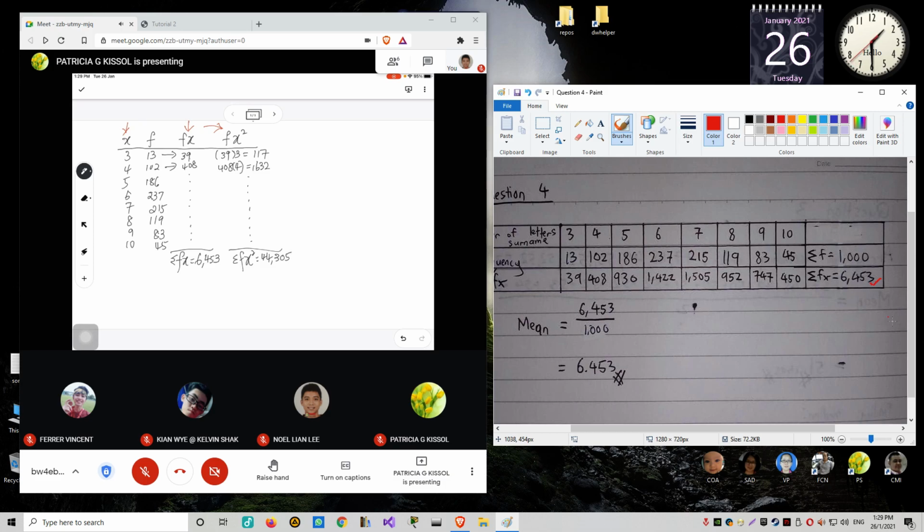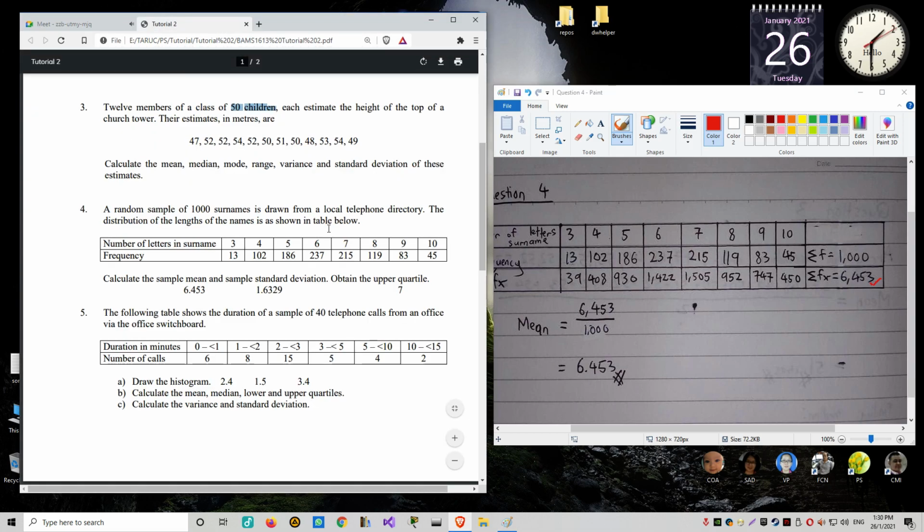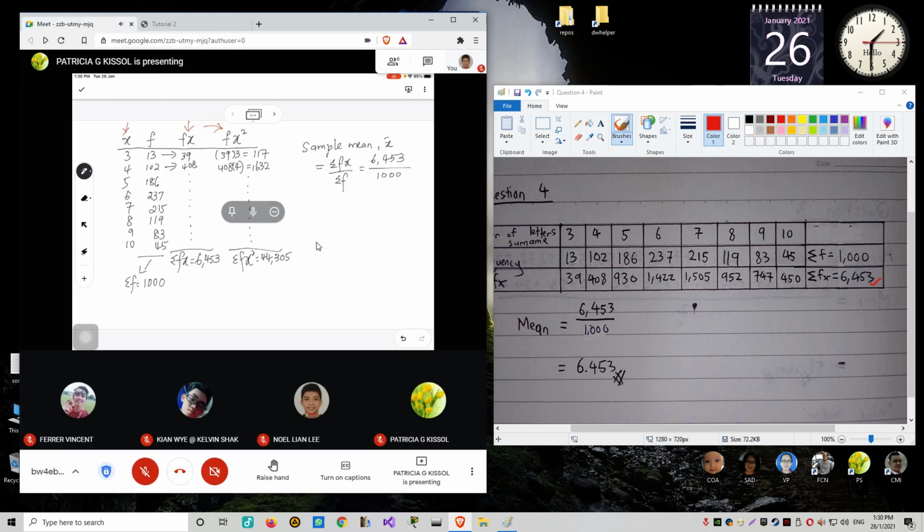Yeah, so the mean, because this is a sample mean, for sample we use this one, x bar. So that means it is summation of fx divided by summation f, and that means 6,453 you divide by summation of f, which is 1,000.